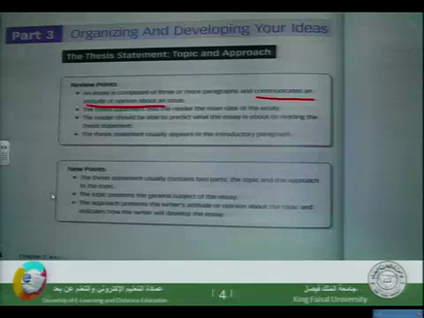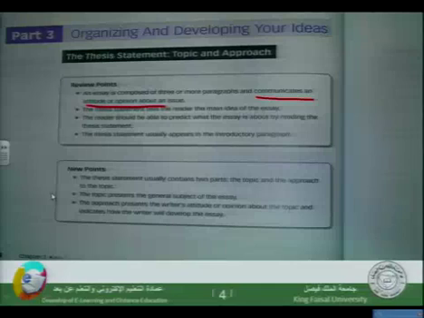This is very important. You should formulate your thesis statement in a way that you would make it possible for the reader to predict what you're going to talk about, what you are going to explain or provide in the following lines after your thesis statement.